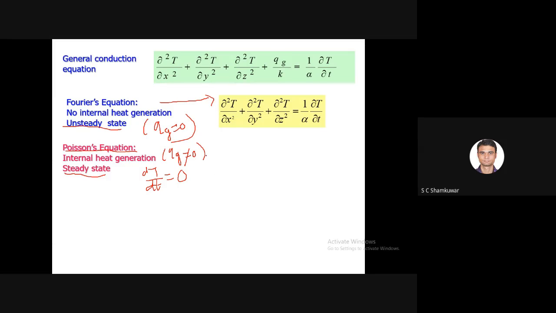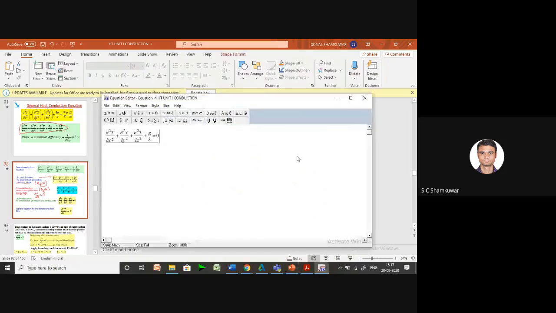So what will the Poisson's equation be now? It will be del square T, and you have to just add Qg here. I forgot to mention Qg here.